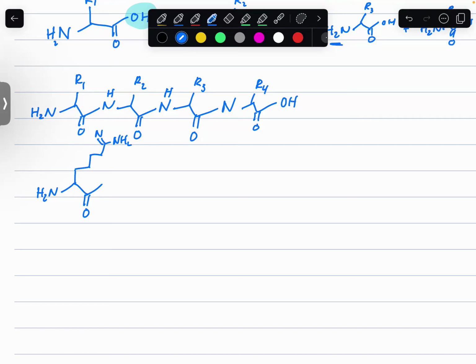Sorry, this is kind of cramped, but it'll get the picture across. So that's our R. Now we can move to our A. Alanine is one of your most basic amino acids. Its R group is just a CH3. So we just add our CH3.